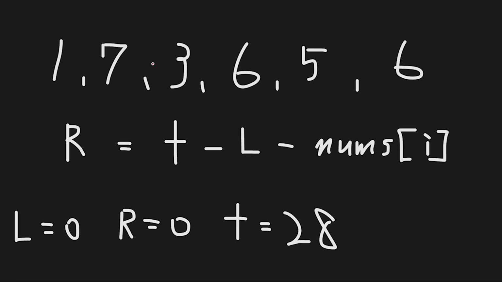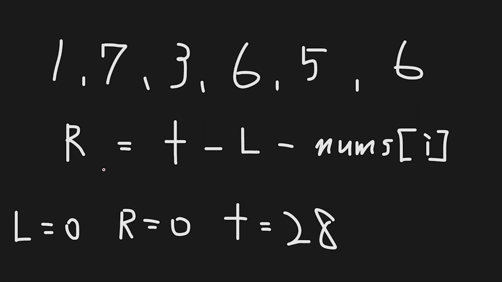And in each iteration, I calculate the right sum. So how can we calculate the right sum? It's simple. Total minus left sum minus current number. So when we check example 1, the pivot index number is not included. So that's why we need to exclude the current number.